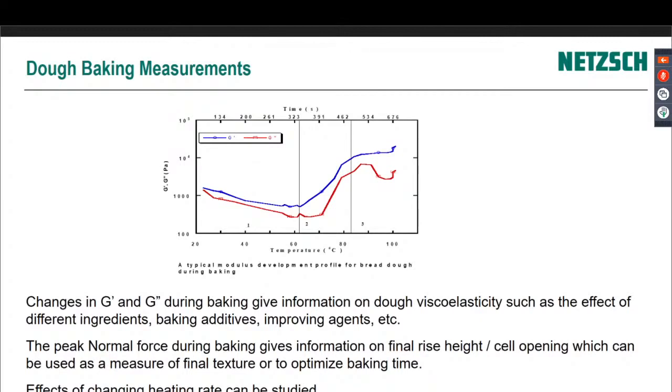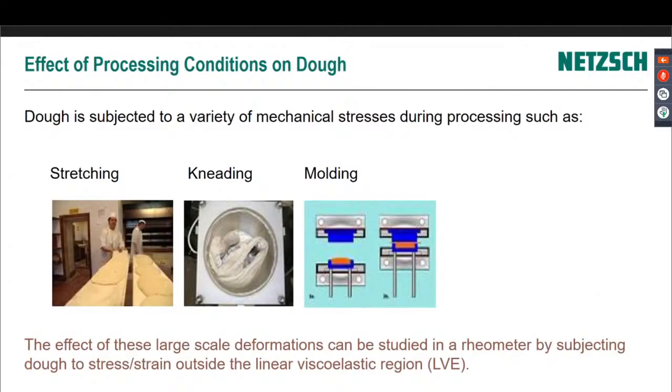And the nice thing about this is you're actually getting quantitative results. You can really quantify what's going on with your mixture. You could also optimize the processability of that. You know, how long do I need to mix in the yeast to get it to rise properly, for instance, and things like that. So these processes are kneading and stretching and molding.